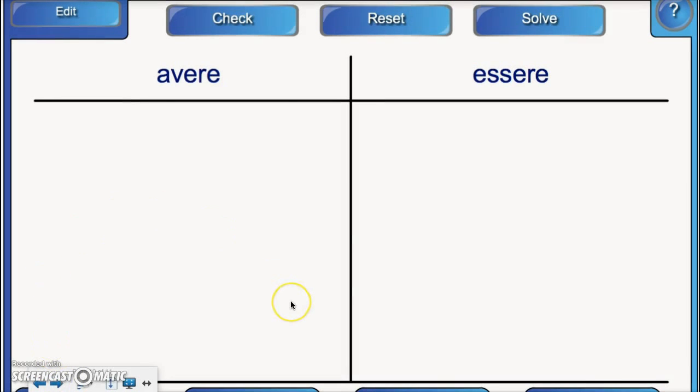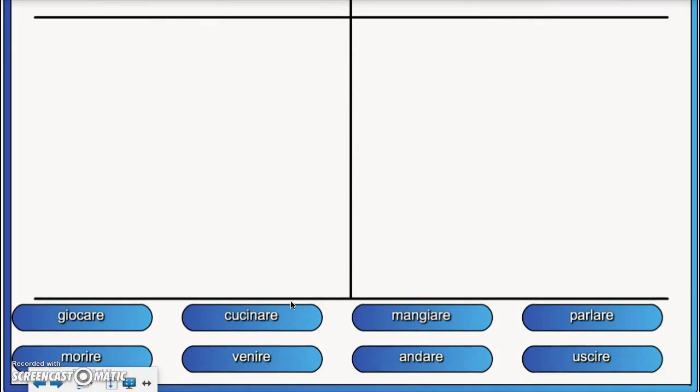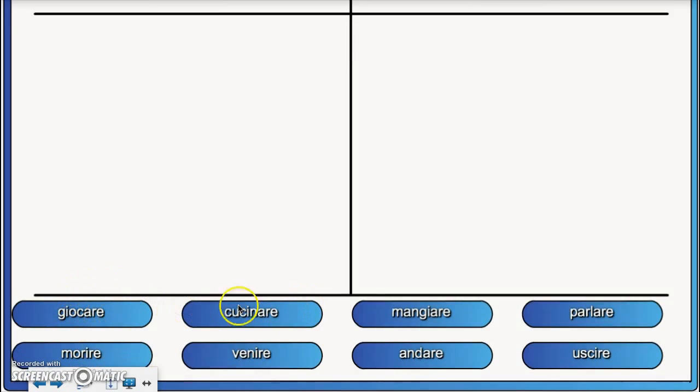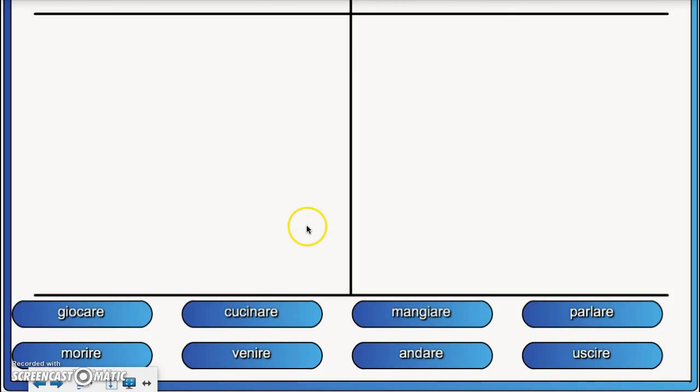Okay, so now here is where we get to have some fun again. So students would be able to come up, and what we have here is the verbs that are very obvious. They're verbs that you either need a direct object in order to make that verb make sense, and so they're always going to take avere, or they're verbs that you are never ever going to have a direct object.